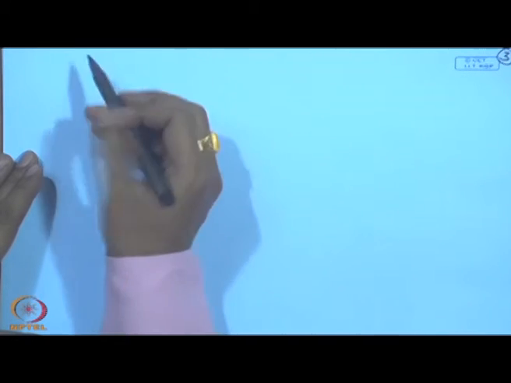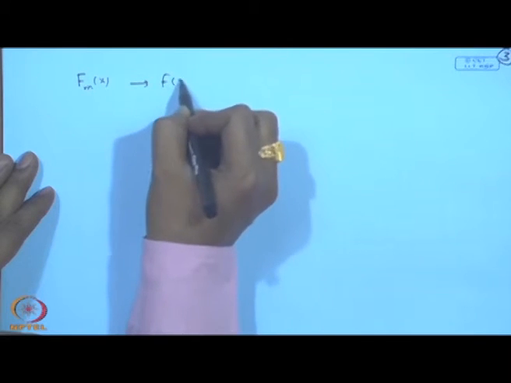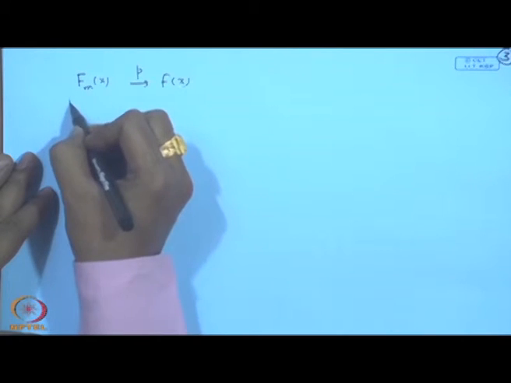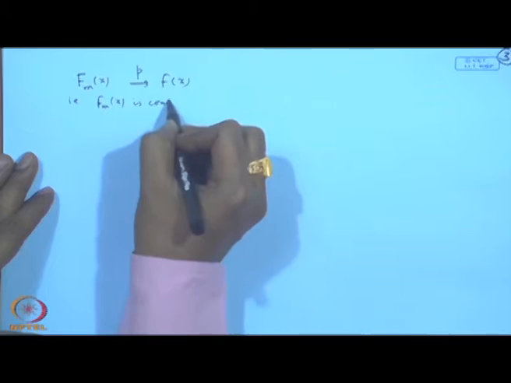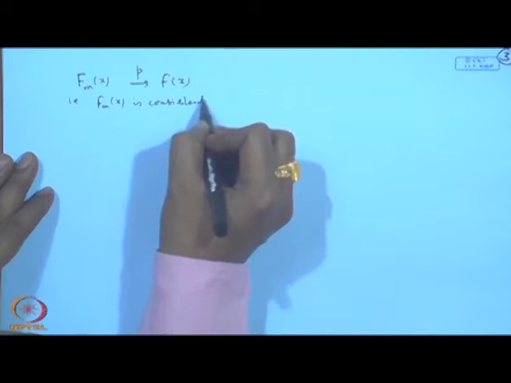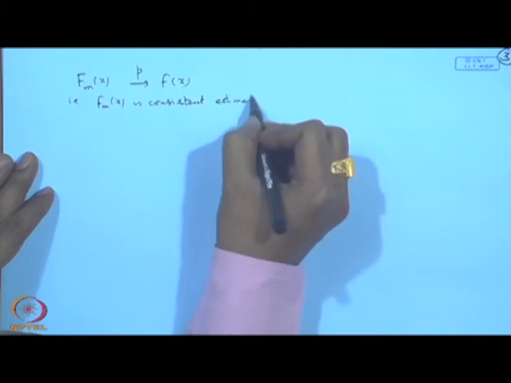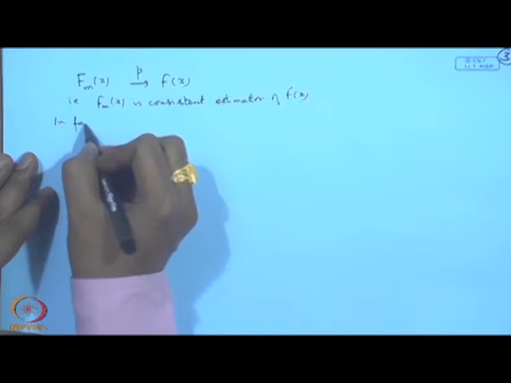That means we have F_m(x) converging to F(x) in probability. So, basically we can say that F_m is a consistent estimator of F(x). In fact, one can prove a stronger thing.